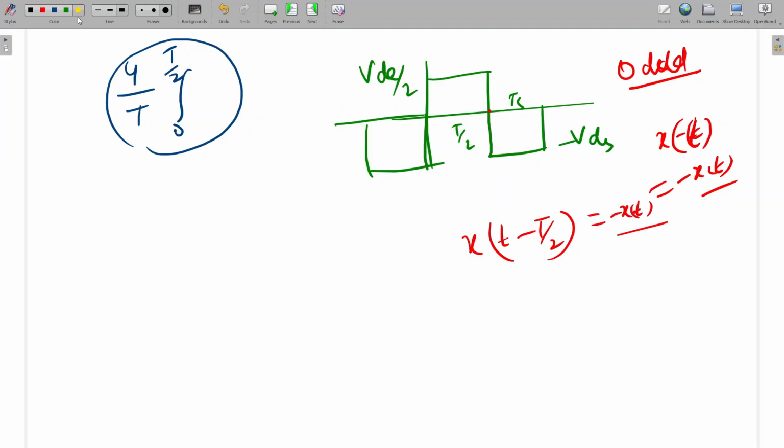So directly we can integrate 4 by T, where I am taking T as 2 pi. The half period is pi. 4 by T, 0 to T by 2, and this VDC by 2, this is the Bn value. Since it is odd, An will be 0, only Bn we calculate. Sin nt dt.